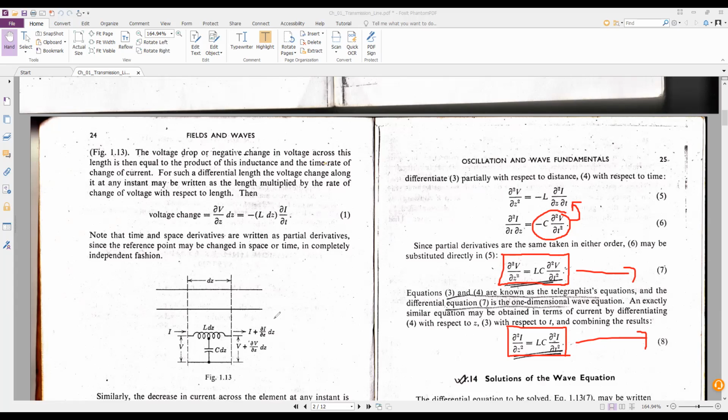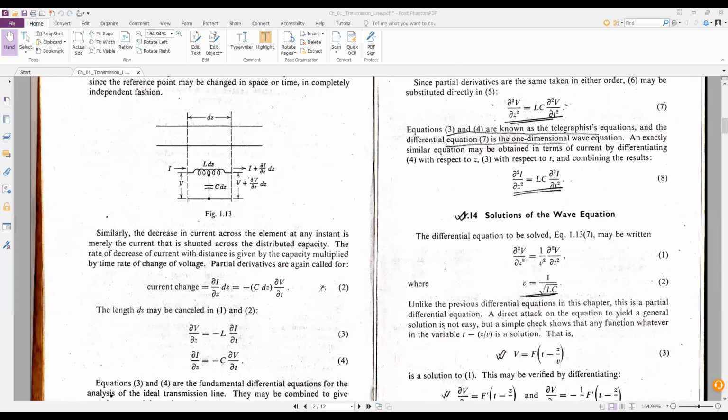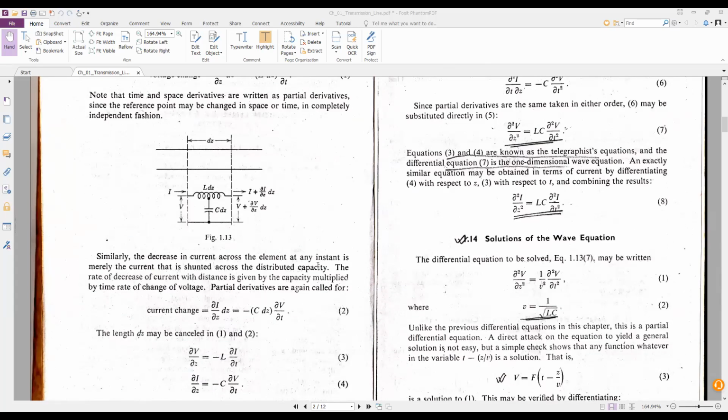So this is the one-dimensional wave equation. So simple one. You check this out. I think you will be able to understand. So that's how you can solve it.